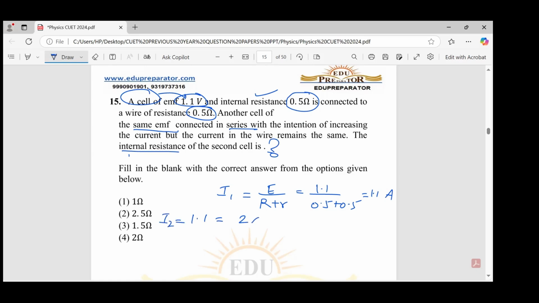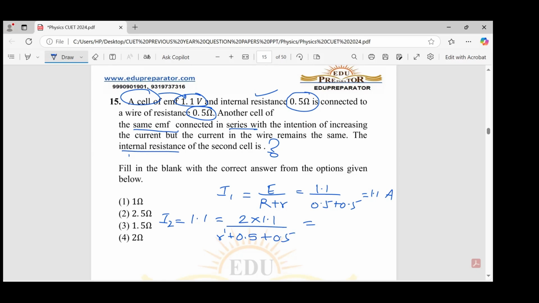So I2 will remain the same, which is 1.1 ampere. Two cells are connected, so therefore the EMF will be doubled. Internal resistance is to be calculated, say R dash. Then 0.5 is the internal resistance of the first cell and 0.5 is the external resistance which is connected, right?